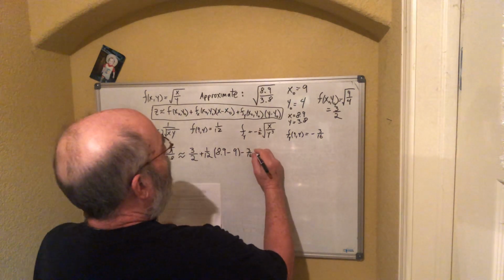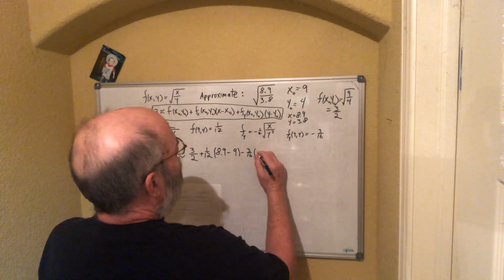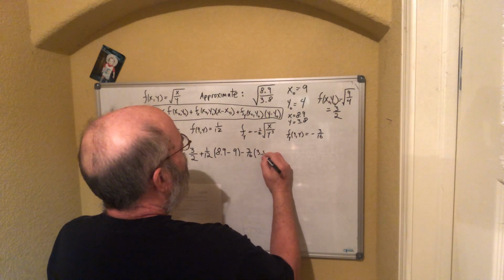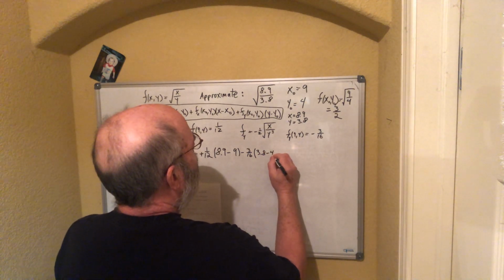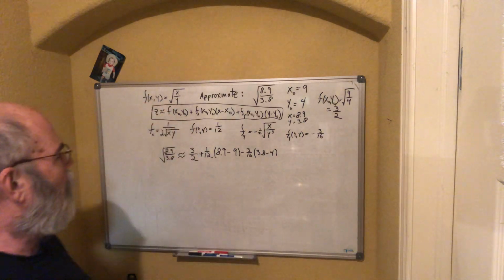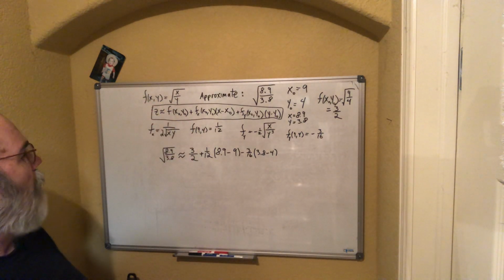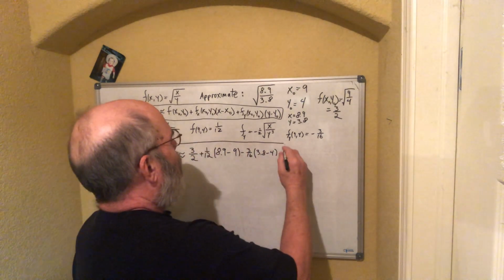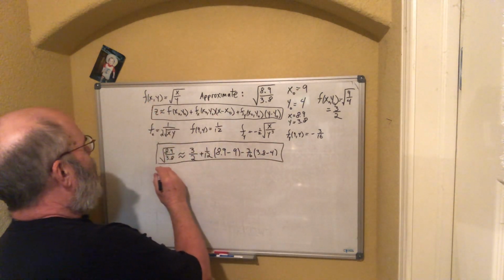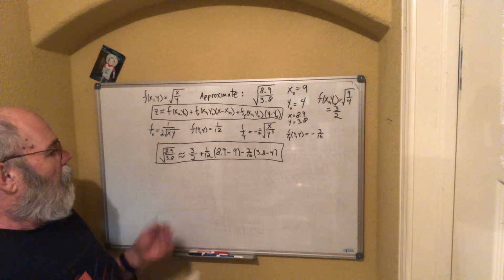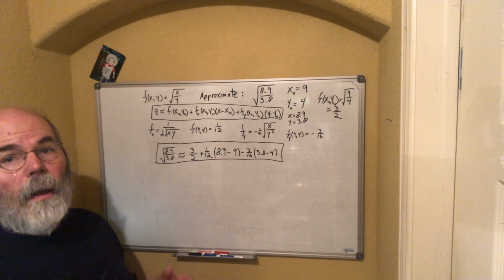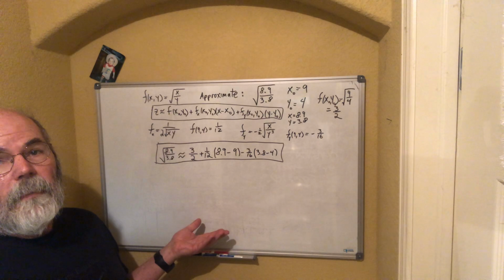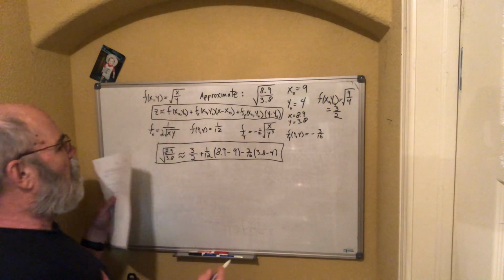And then once again, that subtraction is 3.8 minus 4. So let me just call your attention to the fact that here is the linear polynomial, the two-variable linear expression that gives us the approximation.